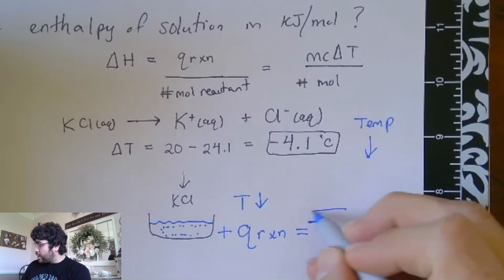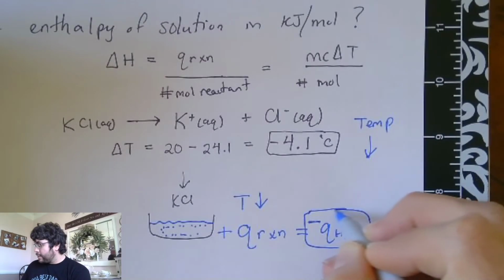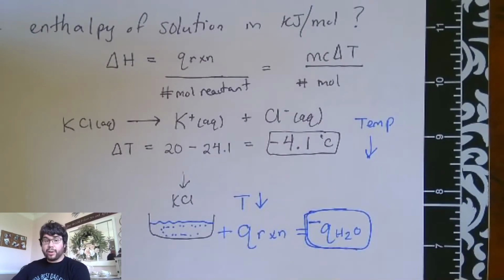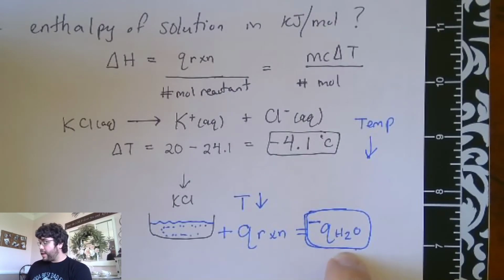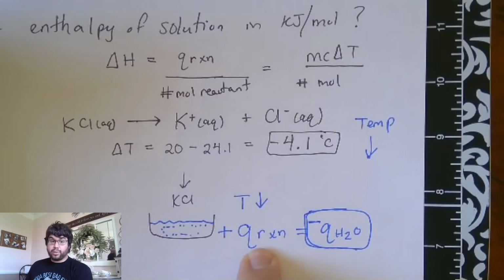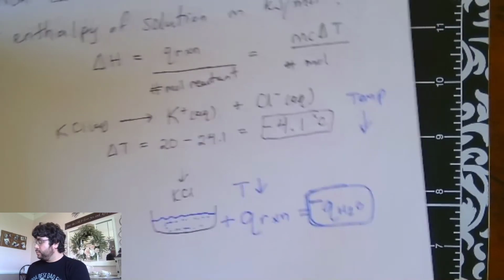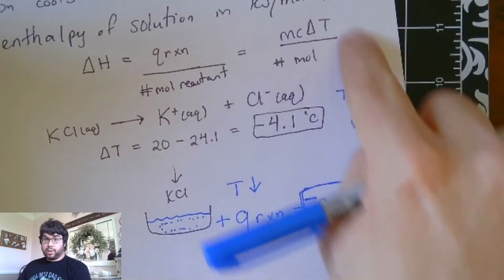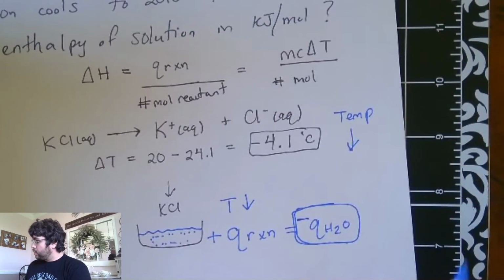Now I can calculate this because I know the specific heat of water. And if I figure out that value here, then I can transfer it over here and then use that in this equation up here. So let's go ahead and do that.